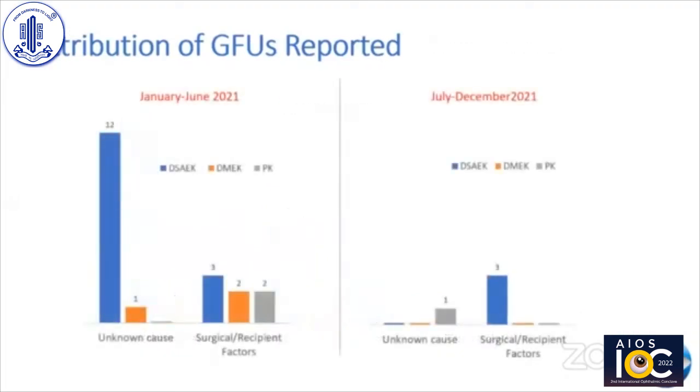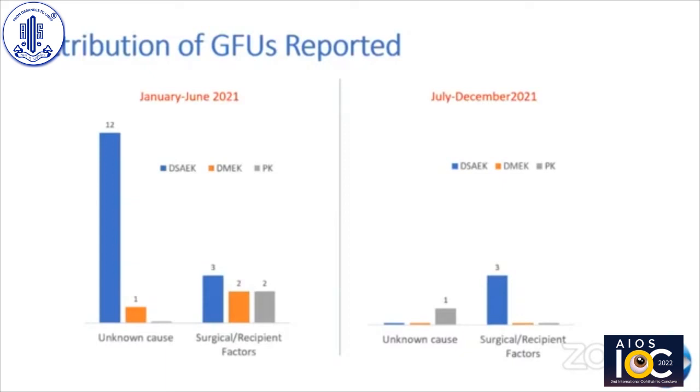If we split the reporting periods into two halves of the year, January to June 2021 and July to December 2021, you can see how the awareness of this issue changed the outcome. So much so that we had no reports of DSEK issues in the second half of the year that couldn't be solely attributed to surgical and recipient factors.